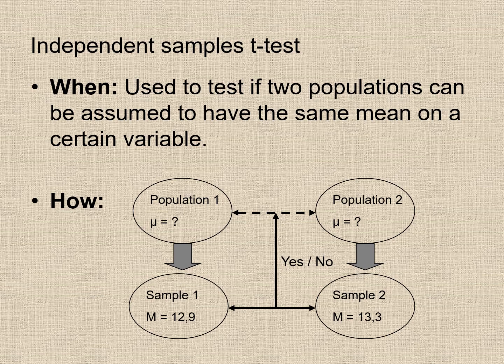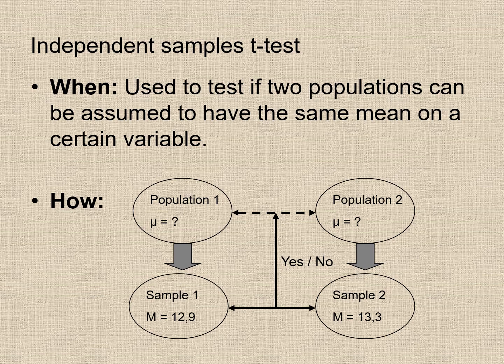In this case, we have sample 1 from population 1 with a sample mean of 12.9 and sample 2 from population 2 with a mean of 13.3. So clearly, we have a difference between the sample means because 12.9 and 13.3 are not exactly the same values.